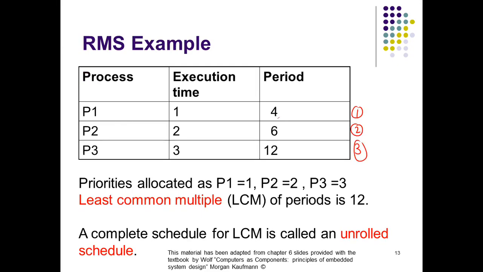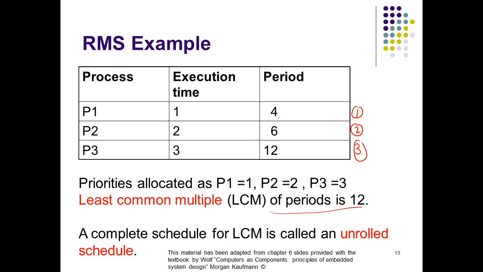Okay, then you can work out the least common multiple of the periods. Any idea why you would want to do that? Well, we're trying to schedule all these processes, right?